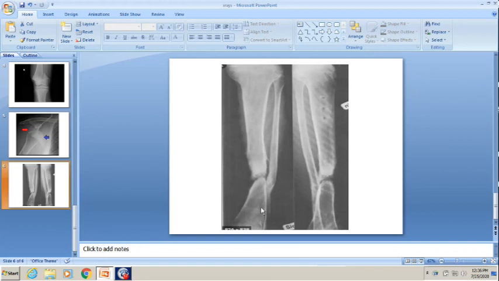is the lower end of tibia one of the commonest sites for non-union?